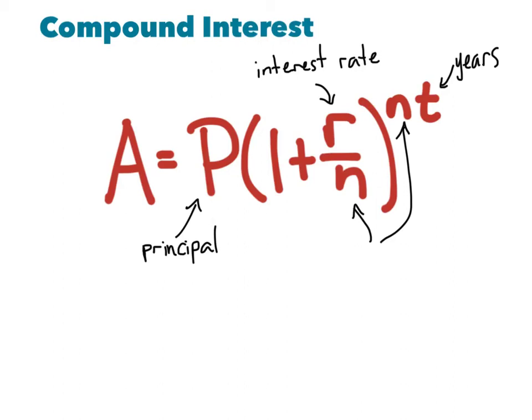And N is the number of times compounded per year. So if I say it's compounded weekly, that would be 52 times per year. Monthly, that'd be 12 times per year, and so on.